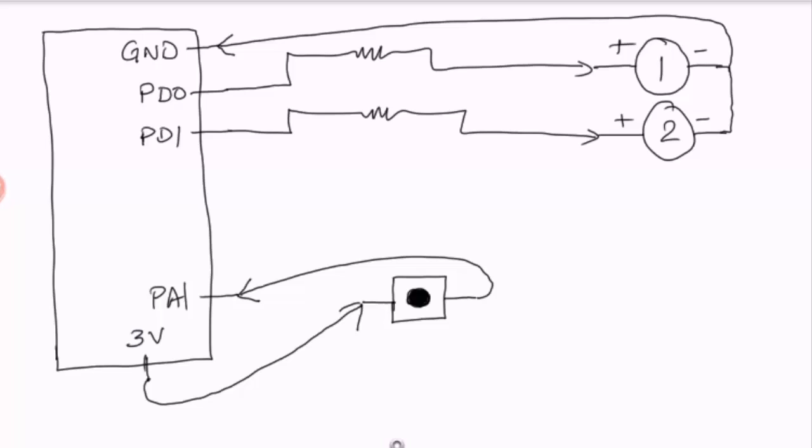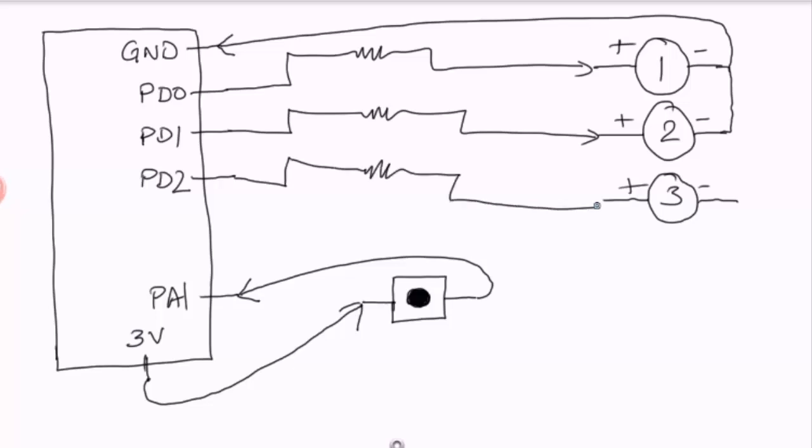Let's add a third LED here. Now we have the PD2 pin on the discovery board. Let's connect LED3 to PD2. Now add a second switch.